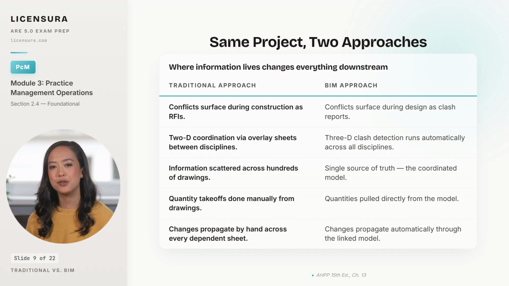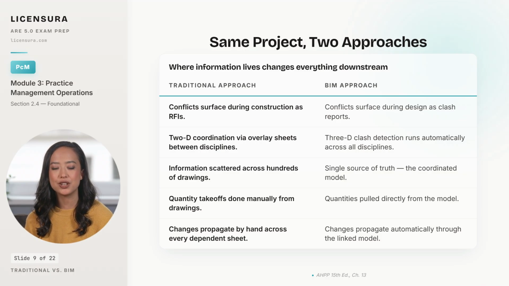Coordination in the traditional flow is 2D, done by overlaying discipline sheets and looking for misalignment by eye. In BIM, it is 3D and automated, and the clash engine finds conflicts the eye would miss. Information in the traditional flow is scattered across hundreds of drawings, while in BIM, there is a single source of truth, the coordinated model, and every drawing is a view of that model.